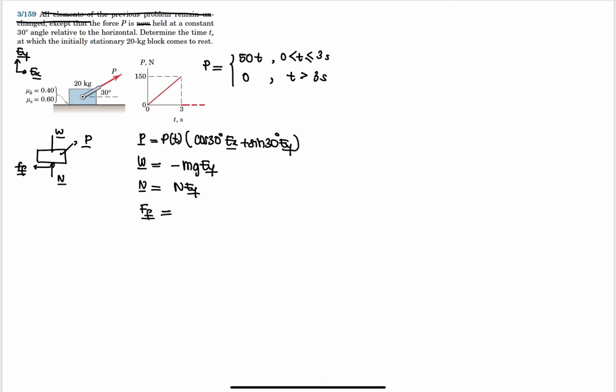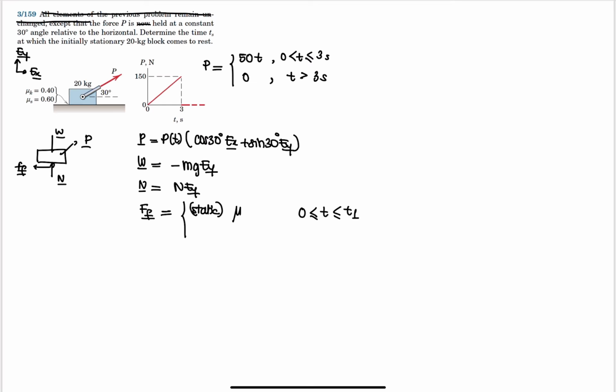Okay, so this is what's happening. Initially the block is at rest. So from 0 to some time t1, I'll call it, the block is at rest, so friction is static. Static friction means that its expression is basically unknown.